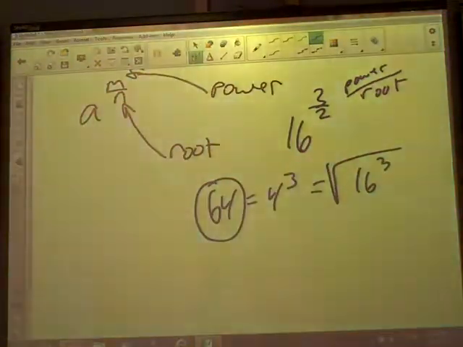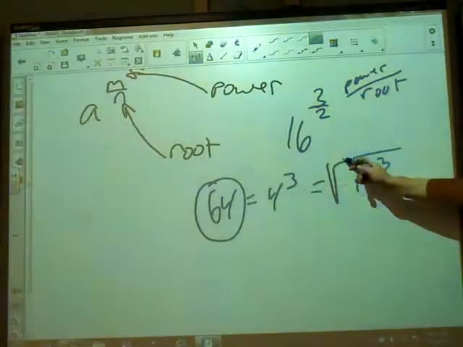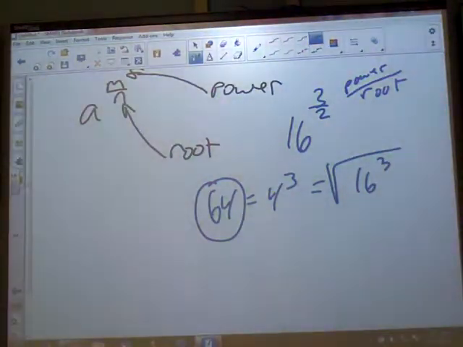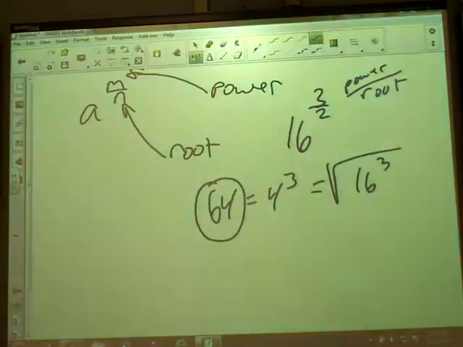So this is even easier. Power over root. I did the square root first, and it doesn't matter. Listen, it doesn't matter if you do the power or the root first. I just always try to do whichever one I know in my head first.